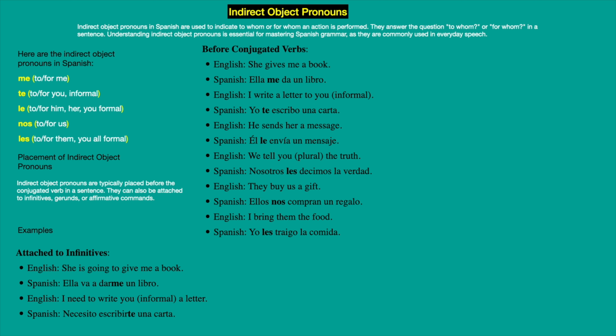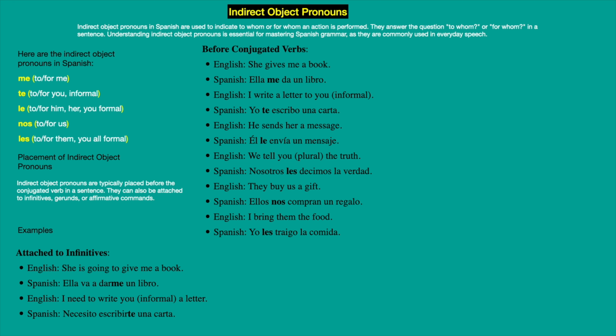Before conjugating a verb, so it is before when you are conjugating a verb. She gives me a book. Ella me da un libro. And also remember that we can say me da un libro. You can remove ella, because we were already talking about this person, no?